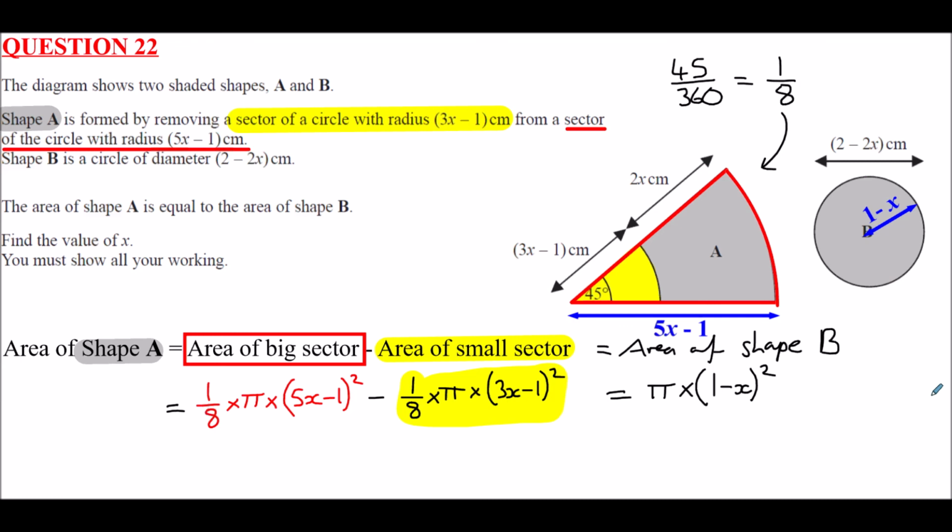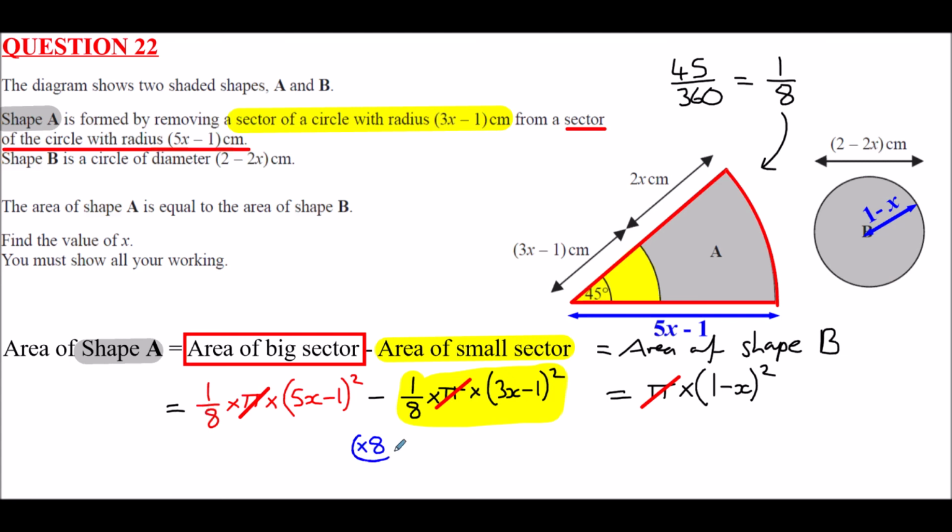So before we get on and start thinking about expanding all this out, let's think about how we can simplify stuff on each side. You can see here pi is a common factor in each term. So we could divide through this whole equation by pi, which will then cancel off these pi's for us. So the pi will disappear from all sides. My next suggestion, to get rid of these awkward fractions of 1/8, is to multiply both sides by 8.